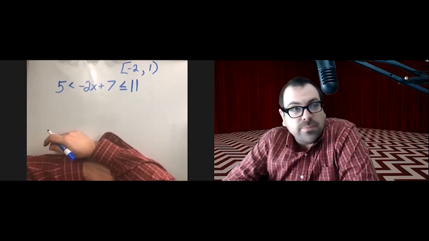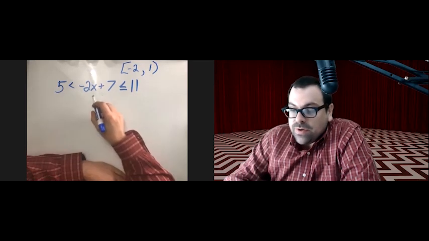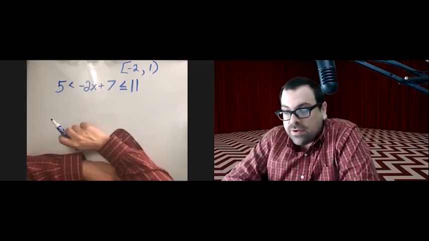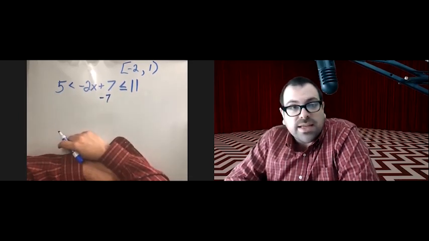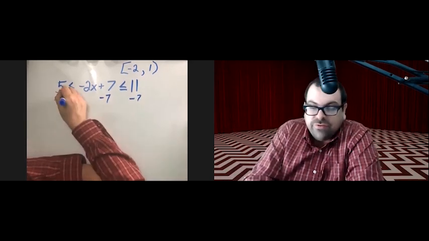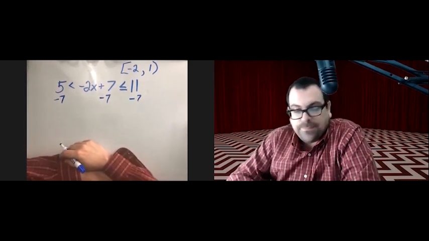And whatever we do in the middle, we do on both of the other sides. So to get the X by itself, we got to get the -2X by itself. We got to get rid of +7. We do that with -7. Whatever we do in the middle, we have to do everywhere. All 3 sides, left, middle, right.